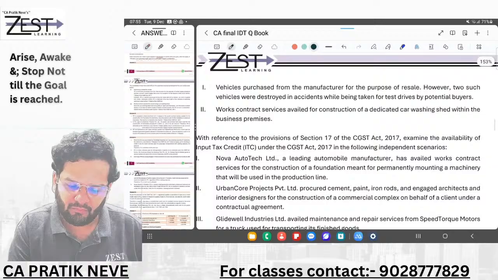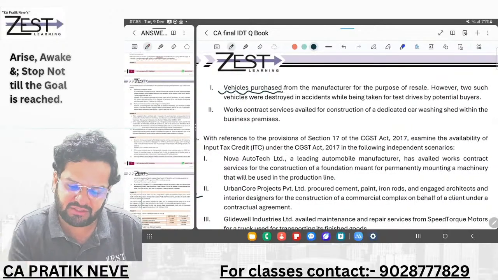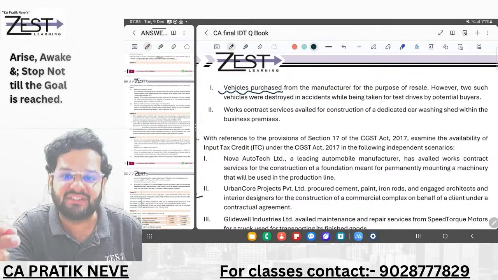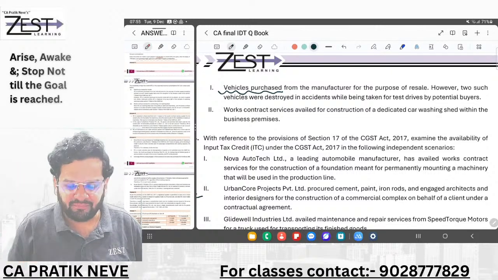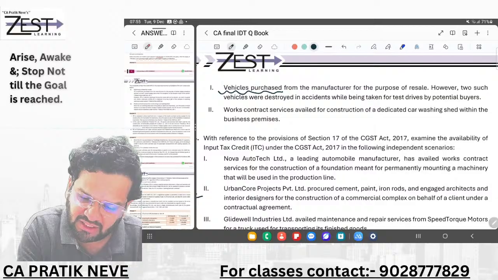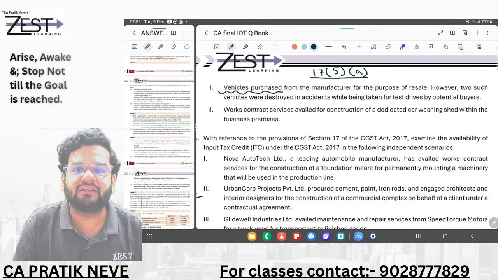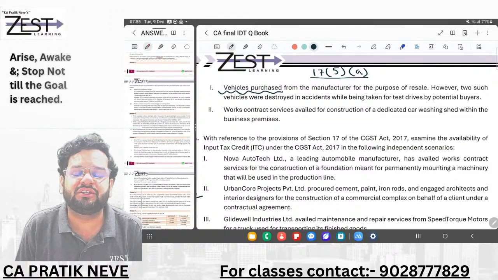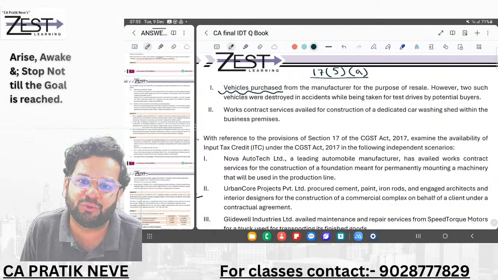1. Can it claim ITC of vehicles purchased from the manufacturer for the purpose of resale? Of course yes. Actually, as per 17(5)(a), you cannot claim ITC of motor vehicles used in transportation of passengers, with approved seating capacity not exceeding 13 including driver.